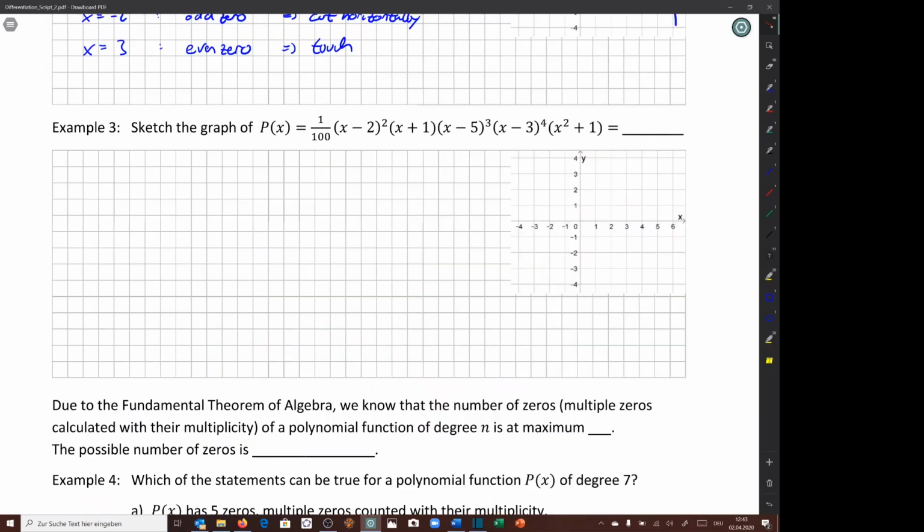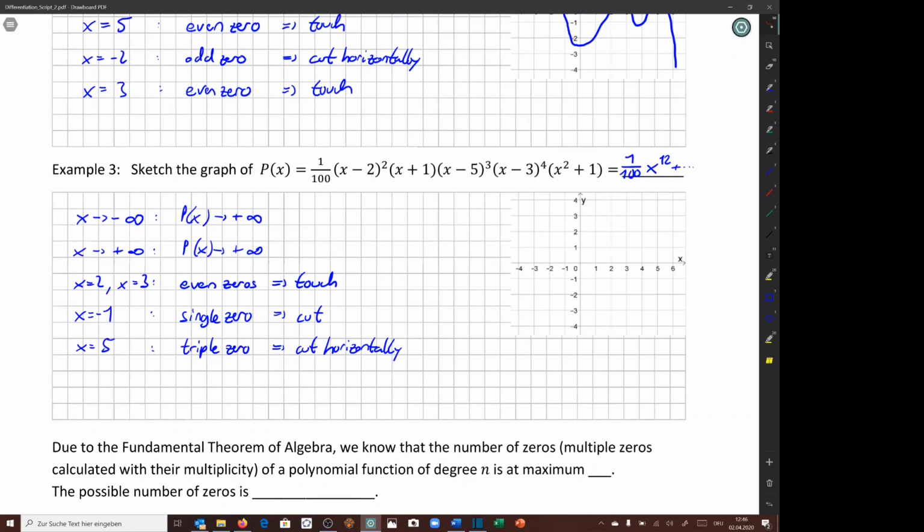Now try the example 3 on your own. Stop the film, and here comes the result. For the leading term, the leading coefficient is just the 100th here, and to find the exponent, we have to look here again. We have 2, 1, 3, 4, and here is just squared, so 2.